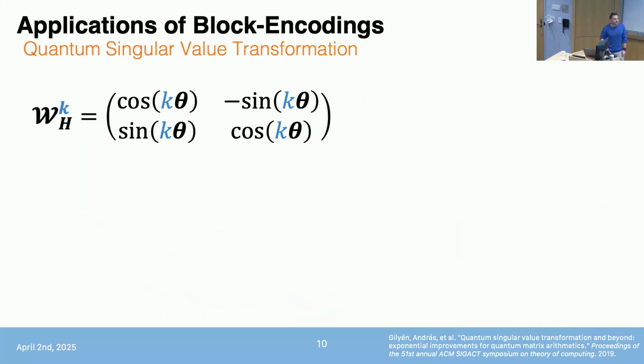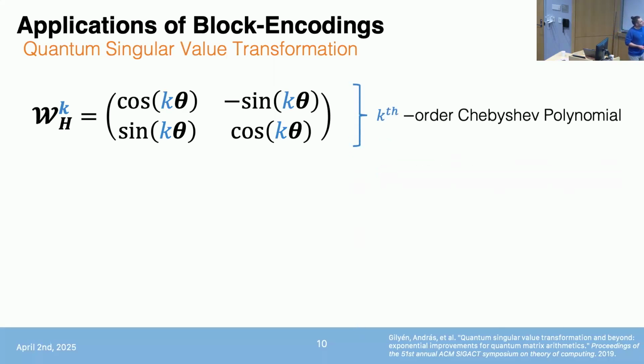Okay, so continuing on this train of what can we do with these walk operators, these block encodings. If this is my rotation, so this is like the Pauli rotation just written around those different axes, if I apply it multiple times, I just increase the angle that I'm rotating by.